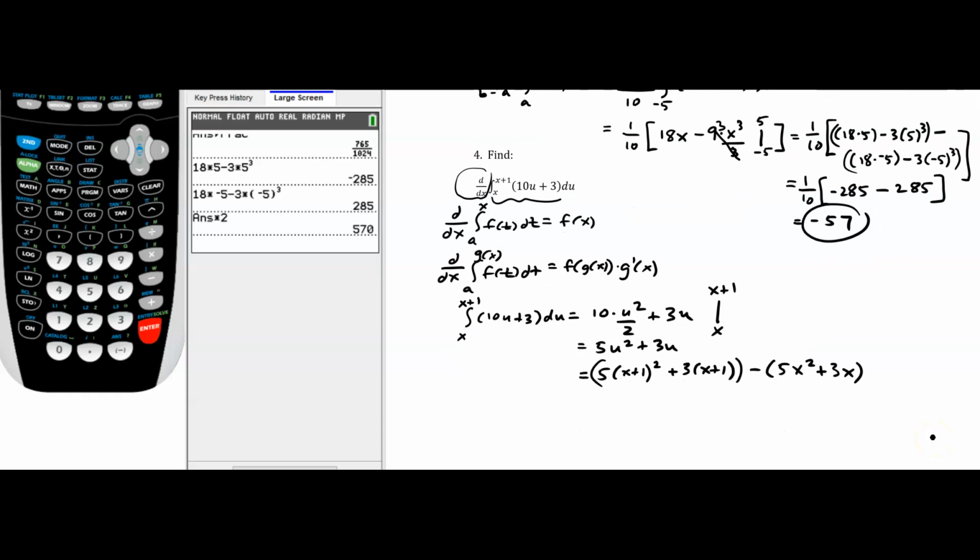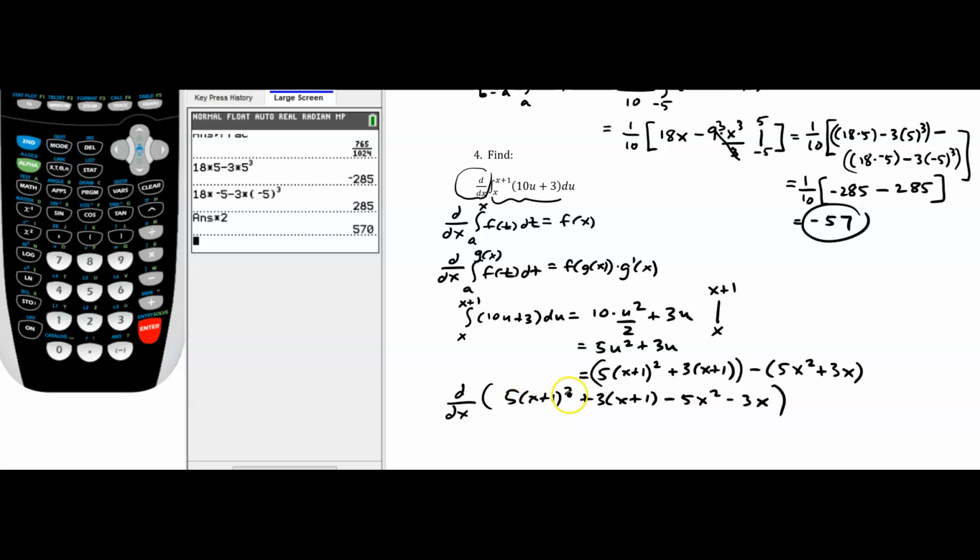You know, we can say, or we could simplify it. It really doesn't matter. But if I did the derivative of 5 times x plus 1 squared plus 3 times x plus 1, and then what I might do is just distribute that negative through, so we have minus 5x squared minus 3x. We can do the derivative of each piece, and then we'll have our answer. So what's the derivative of 5 times x plus 1 squared?